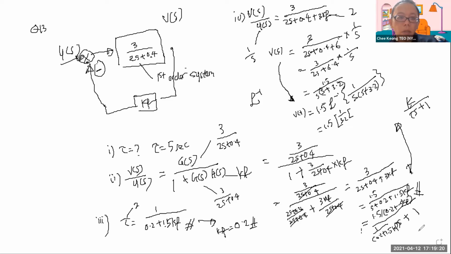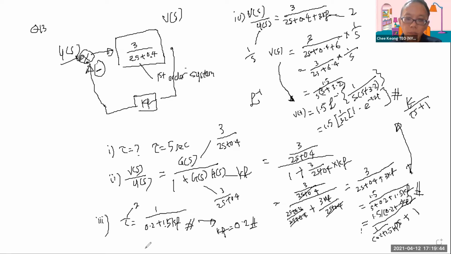What is a? A is 3.2. So we have 1 minus e to the power minus 3.2t, and 1.5 divided by 3.2, so you just simplify it. Basically, this will be the solution for part 4, which is essentially what is being shown.